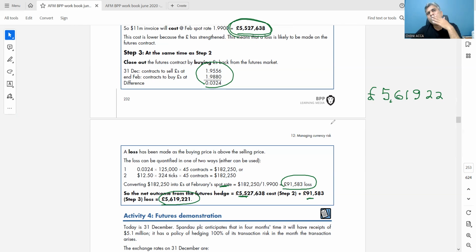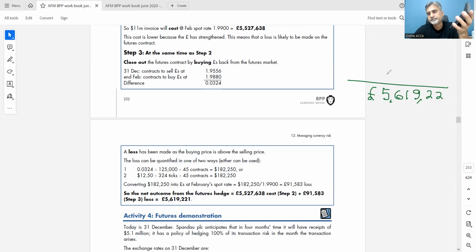Okay. Now, if you want to see what is the effective rate which you have got. Now, what do you get from here? 5.61. This is what I actually have to spend in sterlings. So 11 million. If I divide 11 million by 5,619,221, I'm just doing it for myself.